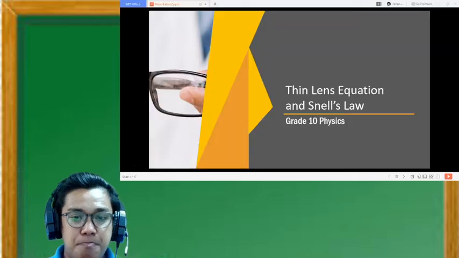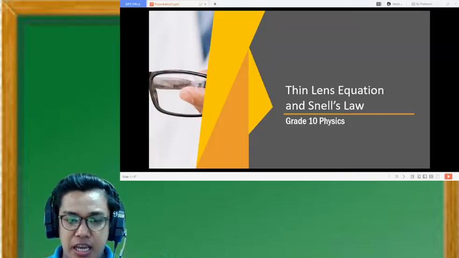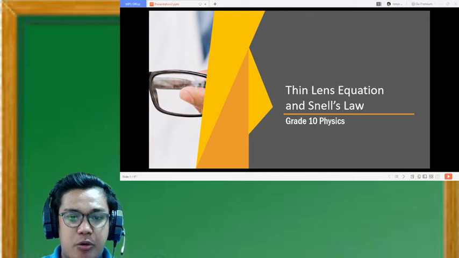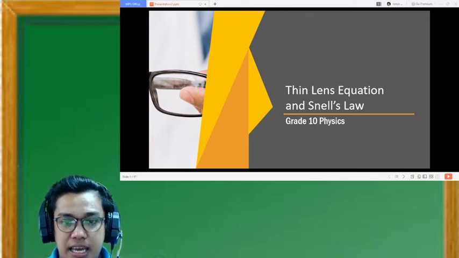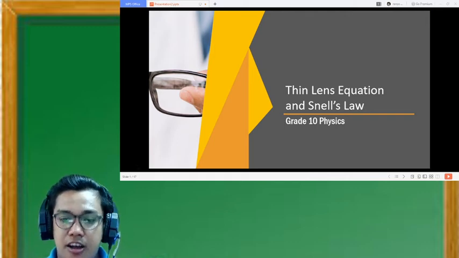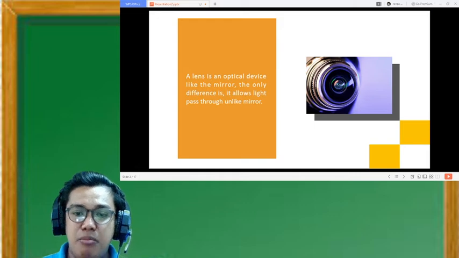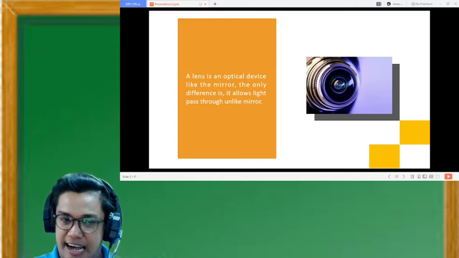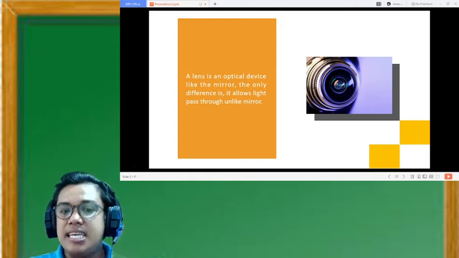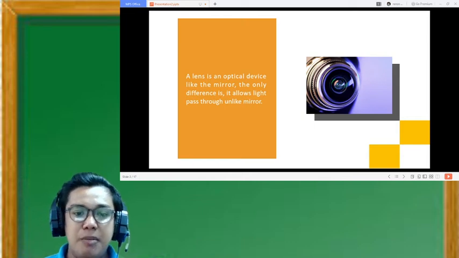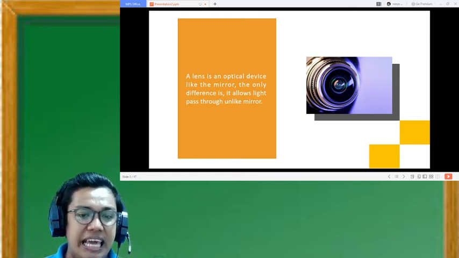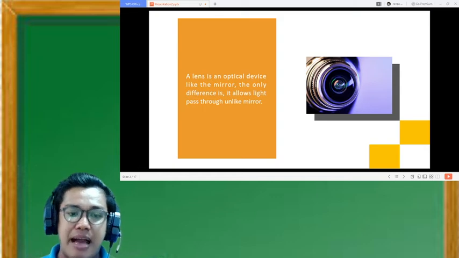Okay, diretso na tayo. So, ang pag-uusapan natin ngayon ay tungkol sa Snell's law. Okay? Ano bang meron dito? So, atin munang alamin ano ba ang lens. Okay? A lens is an optical device like a mirror. The only difference is it allows light to pass through.